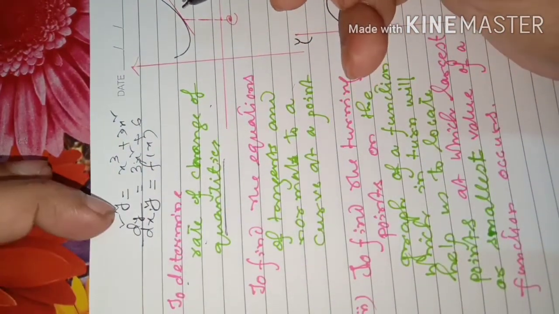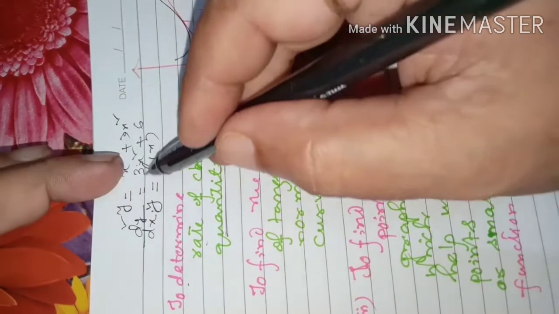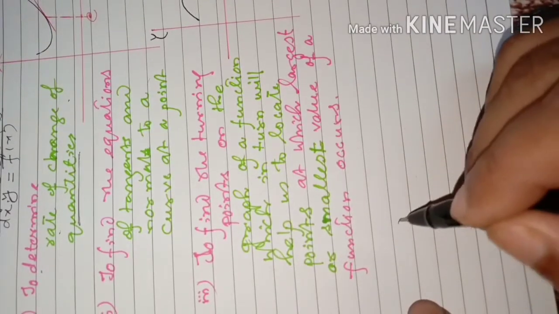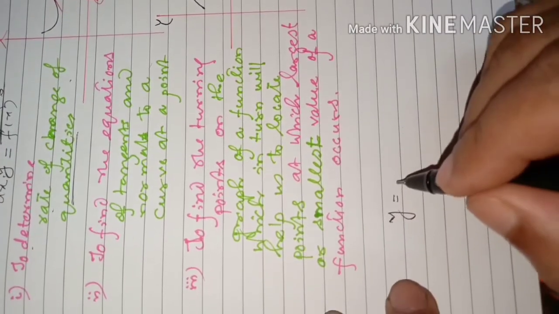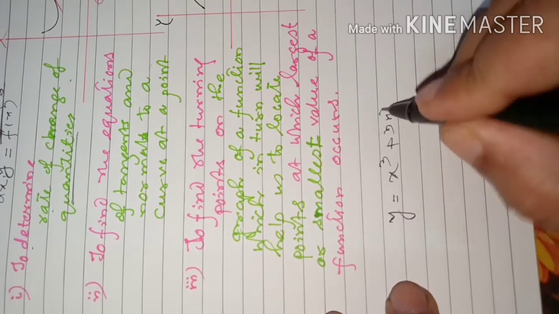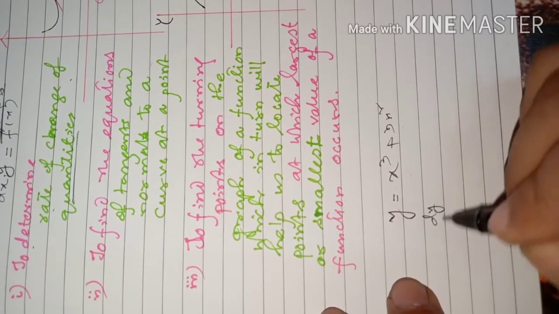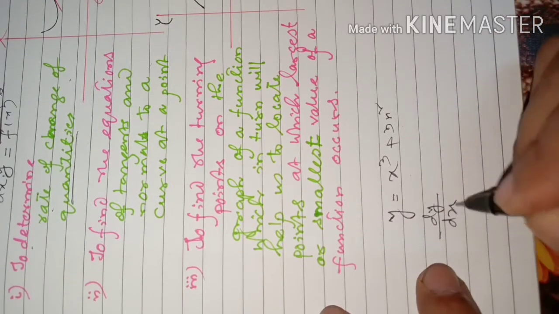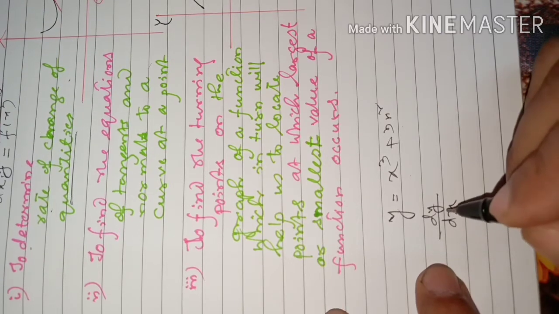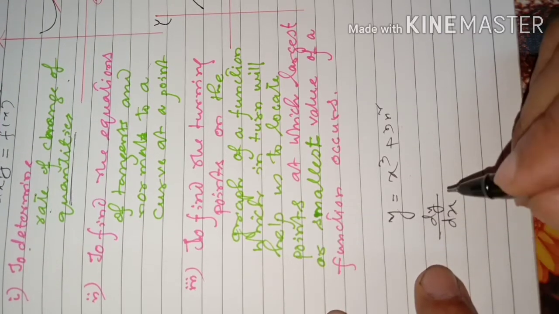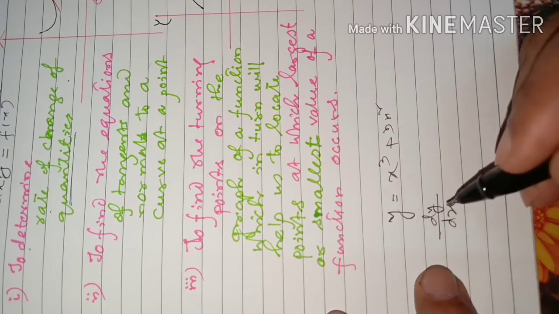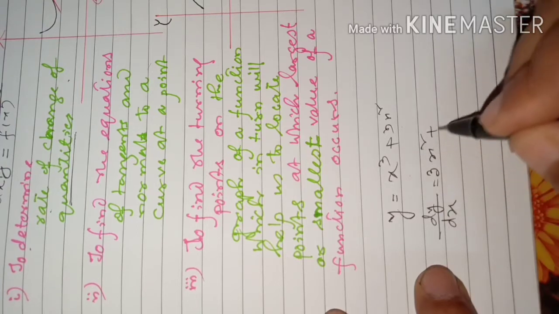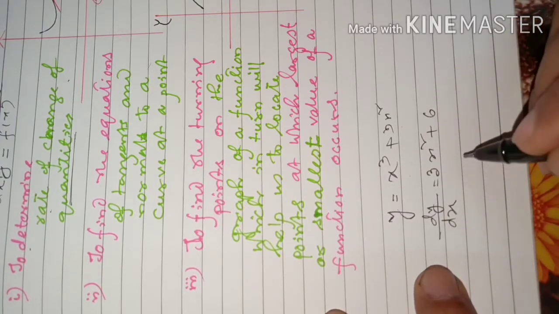So the rate of change of y with respect to x is taking place this way. When x changes, y also changes, and that is written as dy by dx. It is a measure of the rate of change, at what rate y is changing, which is 3x square plus 6x.